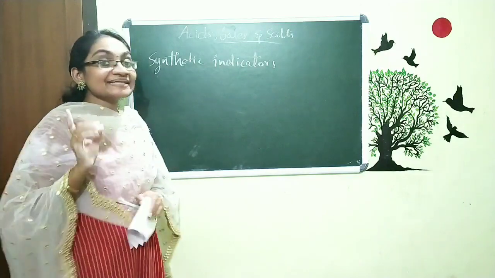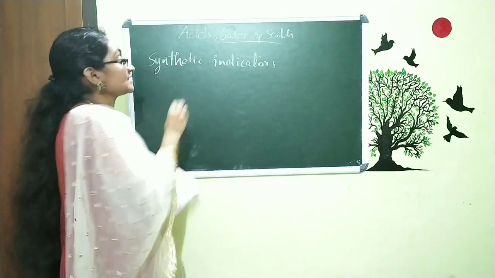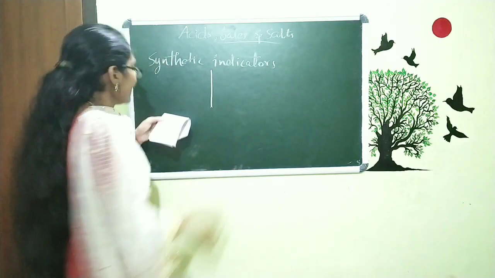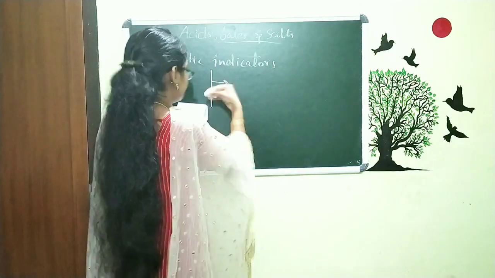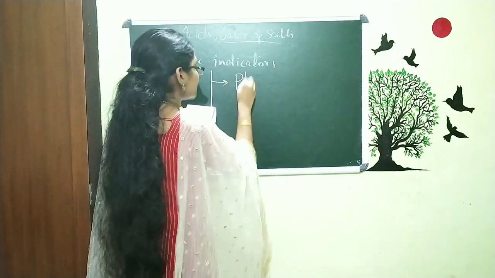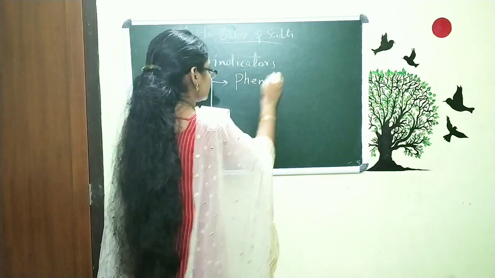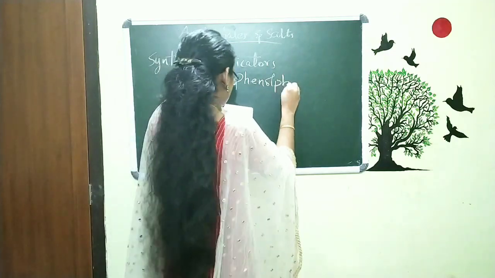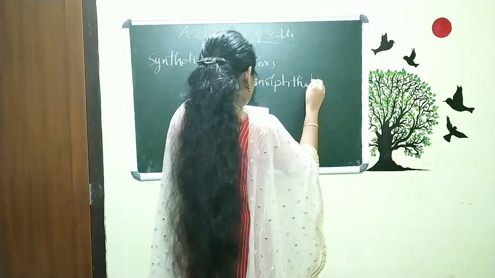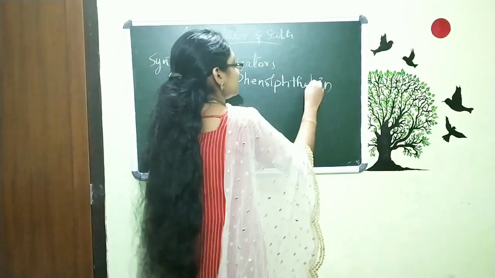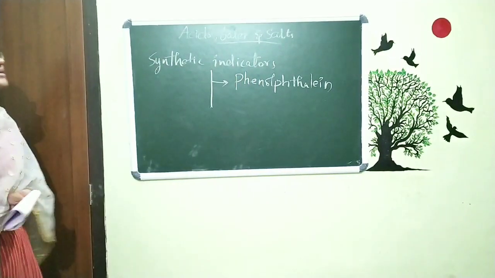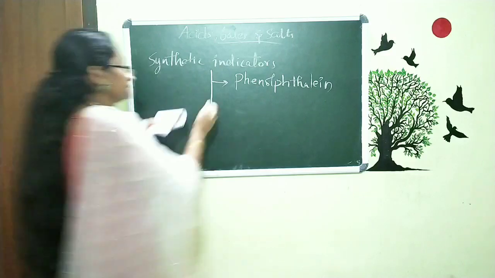Now you want to study the examples for these synthetic indicators. The examples are these: phenolphthalein. This is one of the synthetic indicators.